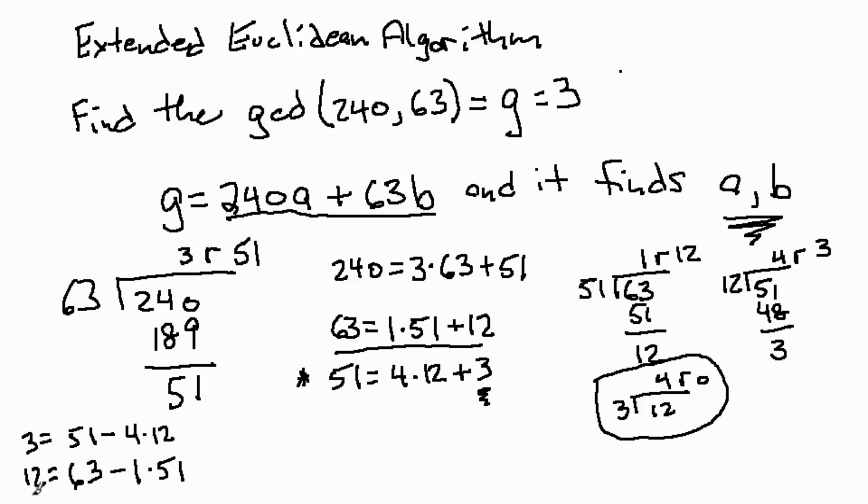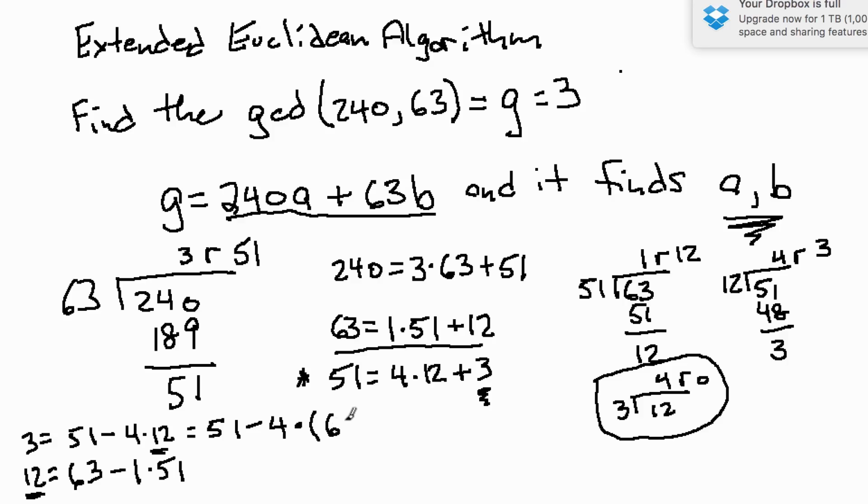Well, what I'm going to do is take this expression for 12 here, and substitute it back in here. So that tells me that 3 is actually equal to 51 minus 4 times, and now I'm going to put in that expression for 12, 63 minus 1 times 51.